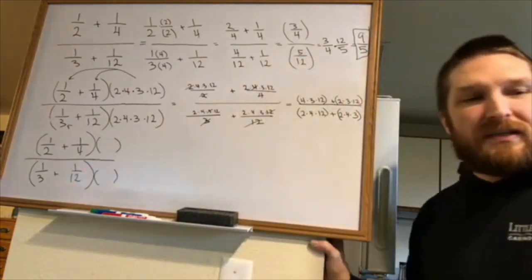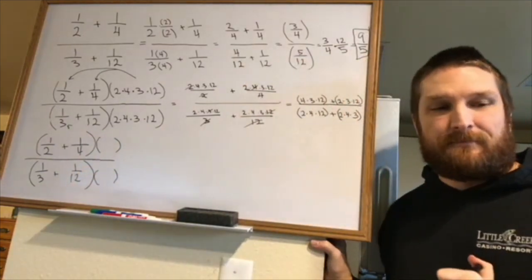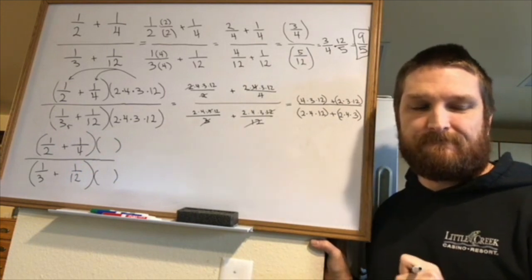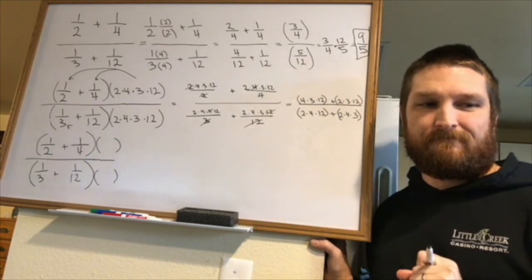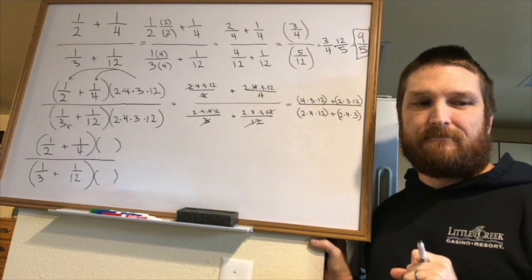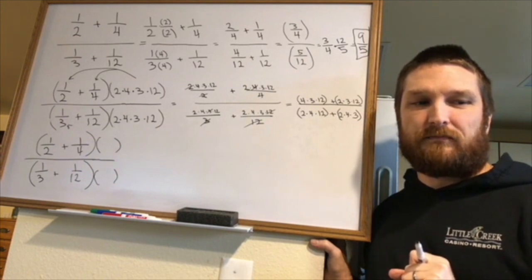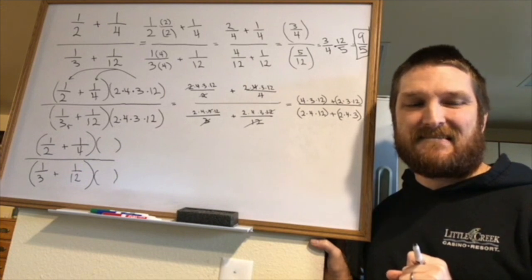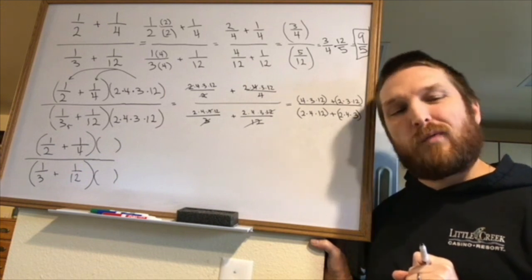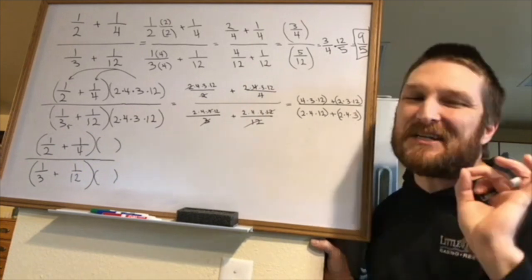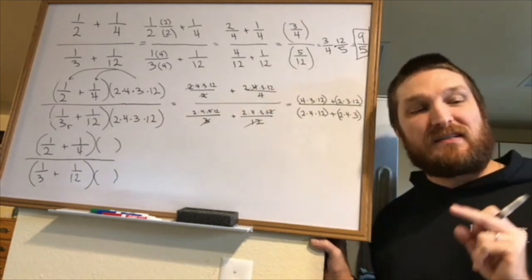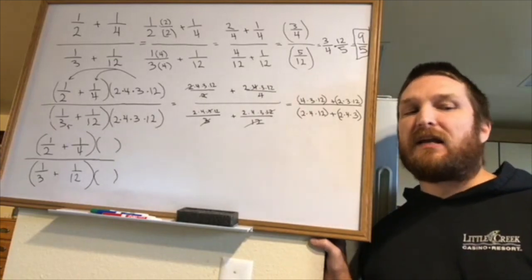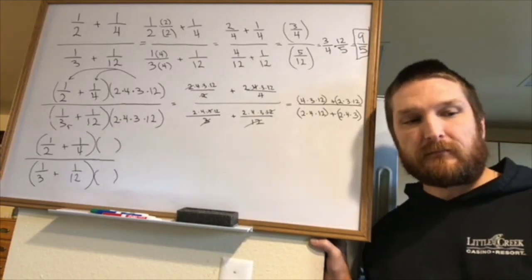What number would kill every one of those fractions? Well, we could factor it out, but there is a number that's actually one of the denominators. One of those denominators would do it.